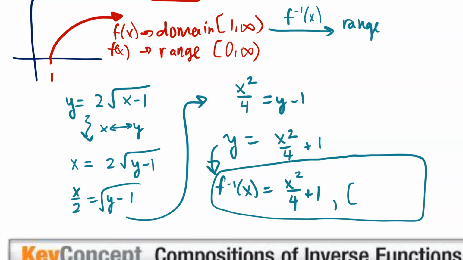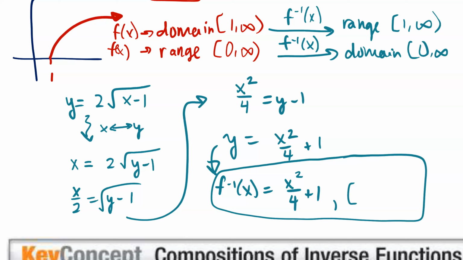So my range is going to be from 1 to infinity. And for my inverse function, the old range of my original function is now my new domain. So my domain, my restriction, is only from 0 to infinity. That's the only place it's going to be defined.